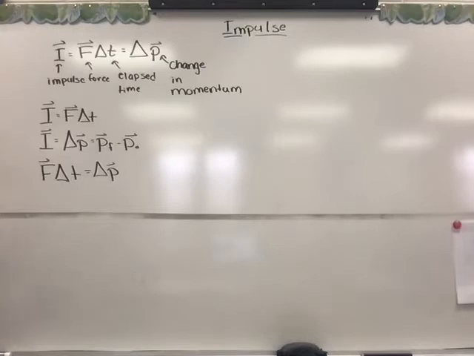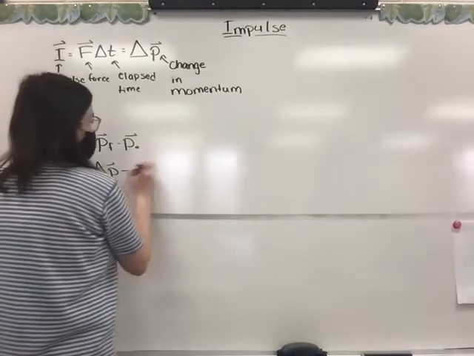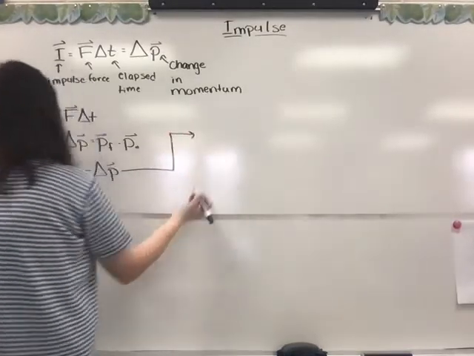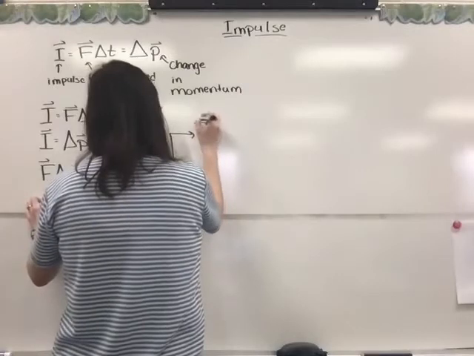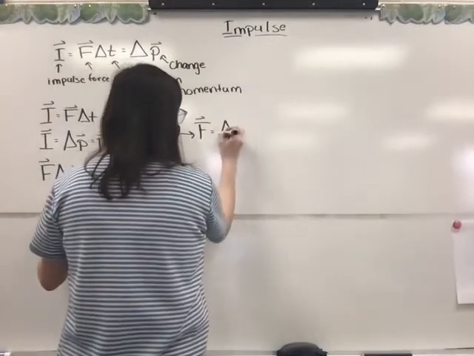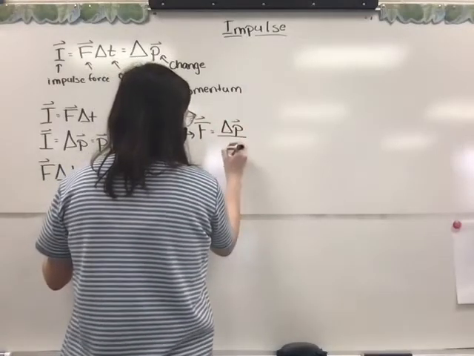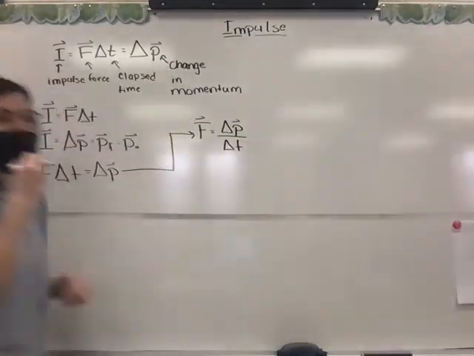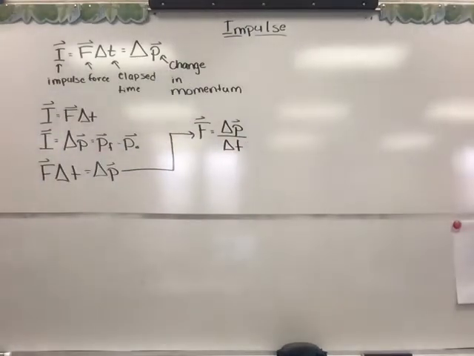What's really cool, you guys, is you remember how earlier in the year we learned that force is equal to mass times acceleration as Newton's second law? So the original way that he wrote it was not that force is equal to mass times acceleration. It actually stems from this equation right here. The original way that Newton's law was formed was that force is equal to the change in momentum over the change in time, which is just this equation rearranged to solve for force, okay?